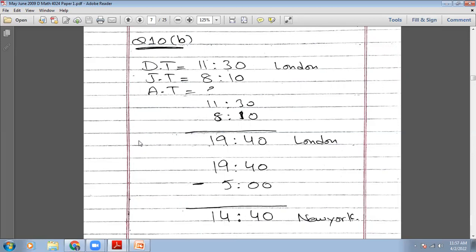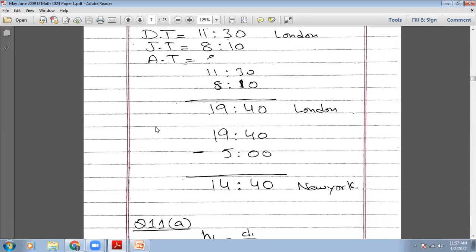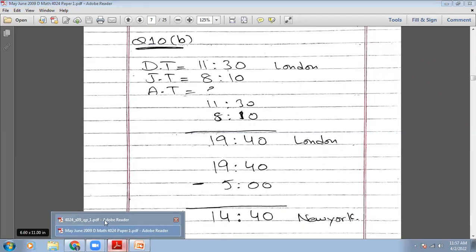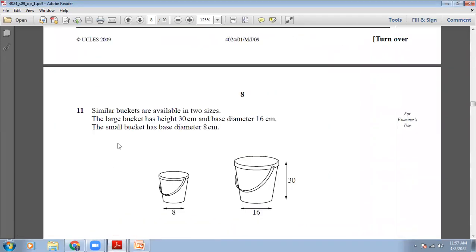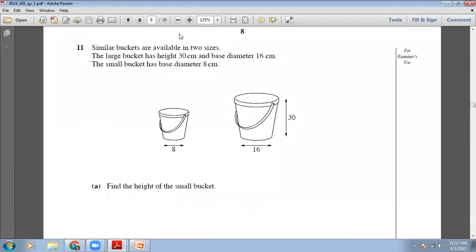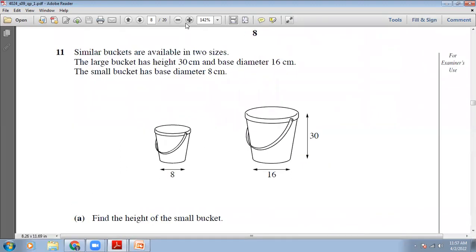So the New York time is 5 hours behind this time. So 19:40 minus 5 hours, and you will have 14:40. So 14:40 will be the time in New York when the flight arrives in New York. Hopefully you understand how we have done this. I have already confirmed the answers. I have checked them with the marking scheme.